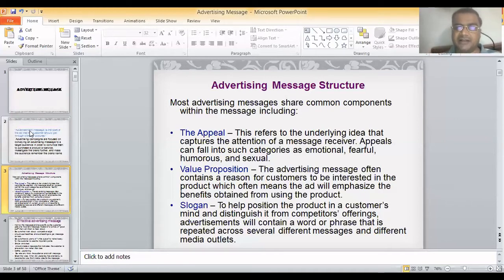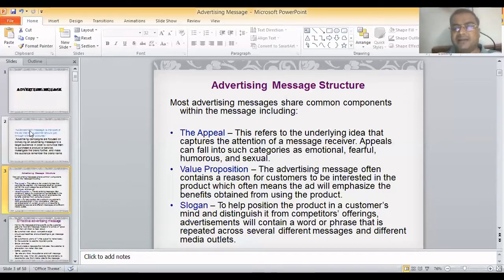They are trying to generate fear in you so that you start using a helmet while driving, or you stop using mobile phones while driving. So this is appeal. Now the second one is value proposition.